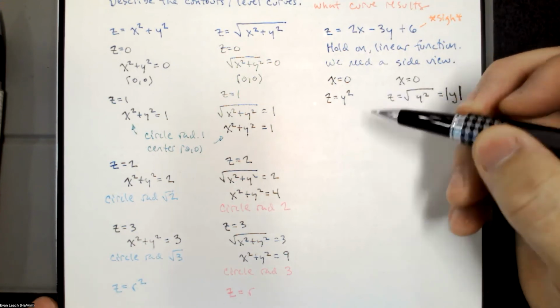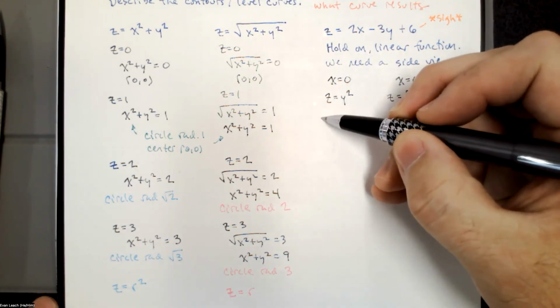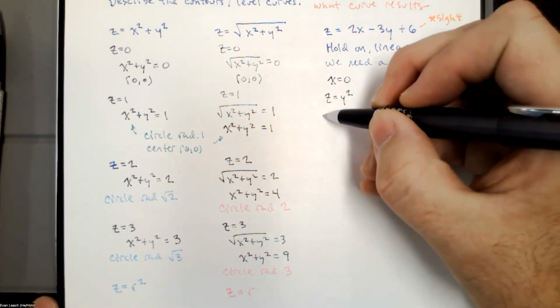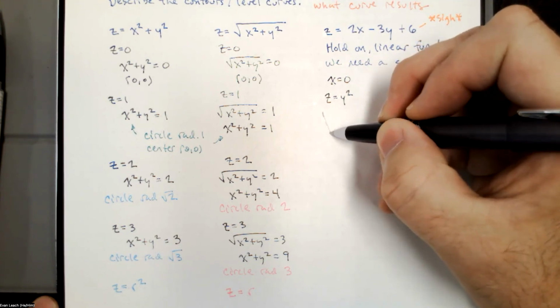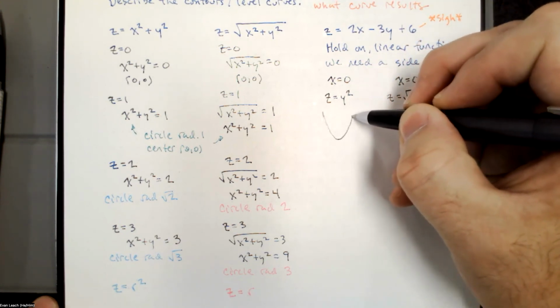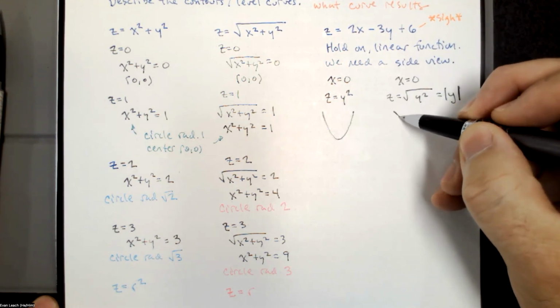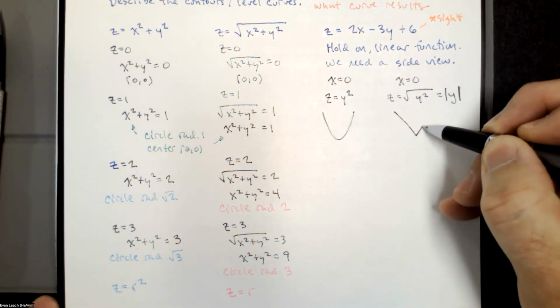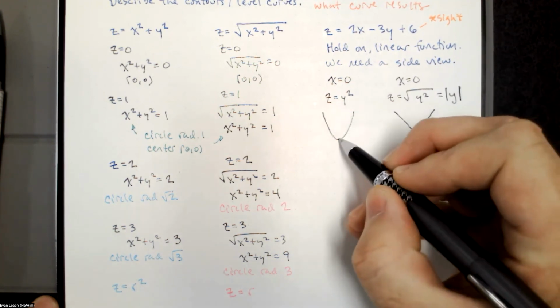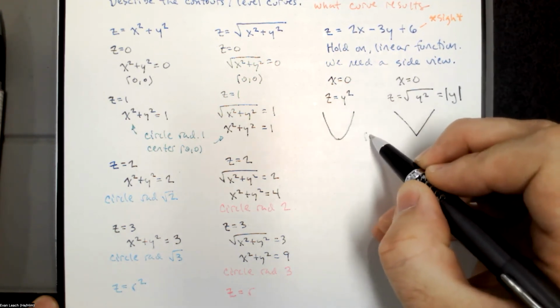So here from the side, we're seeing a parabola. And here on the square root one from the side, we're seeing a V. The vertex of both is at 0, 0.